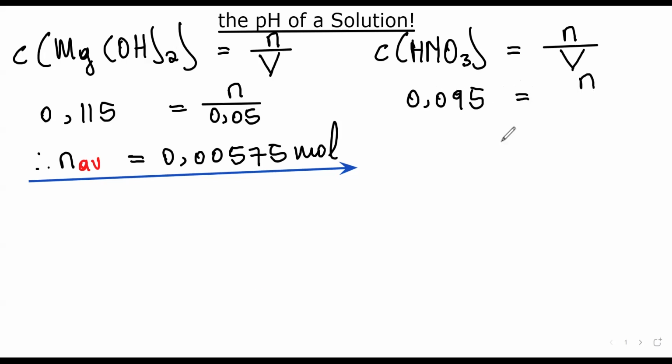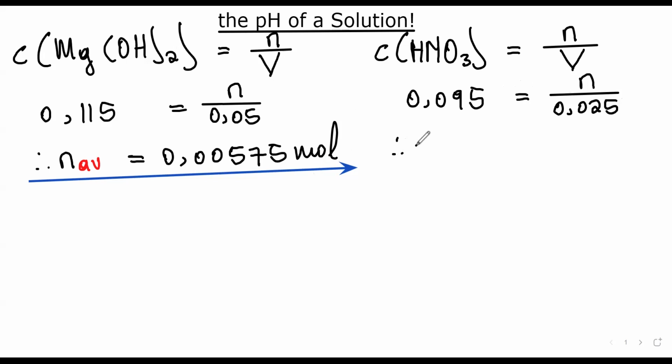We are looking for the moles, and the volume of this solution is simply going to be 0.025. Okay.